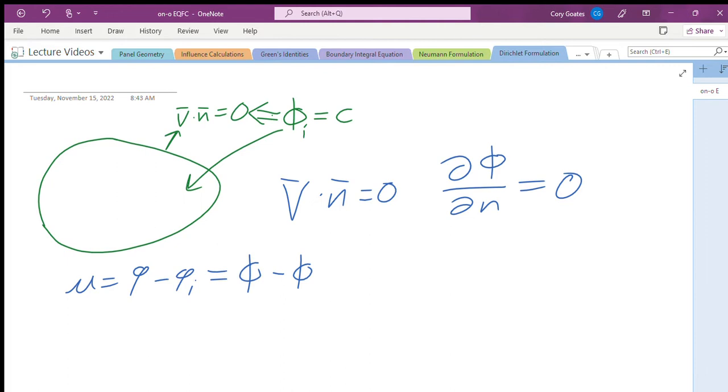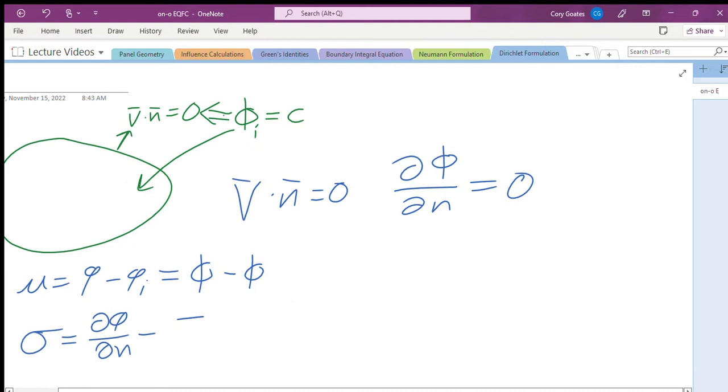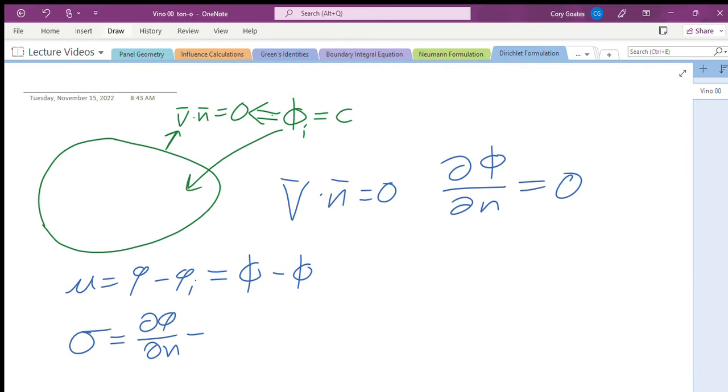The source strength is equal to the difference in the normal derivative of velocity potential when we go from the inside to the outside, both in terms of perturbation potential and in terms of total potential.